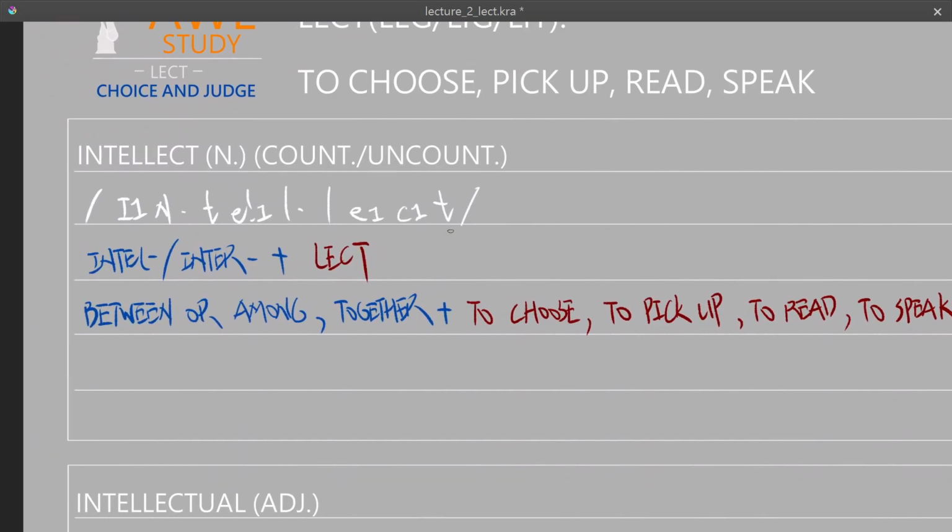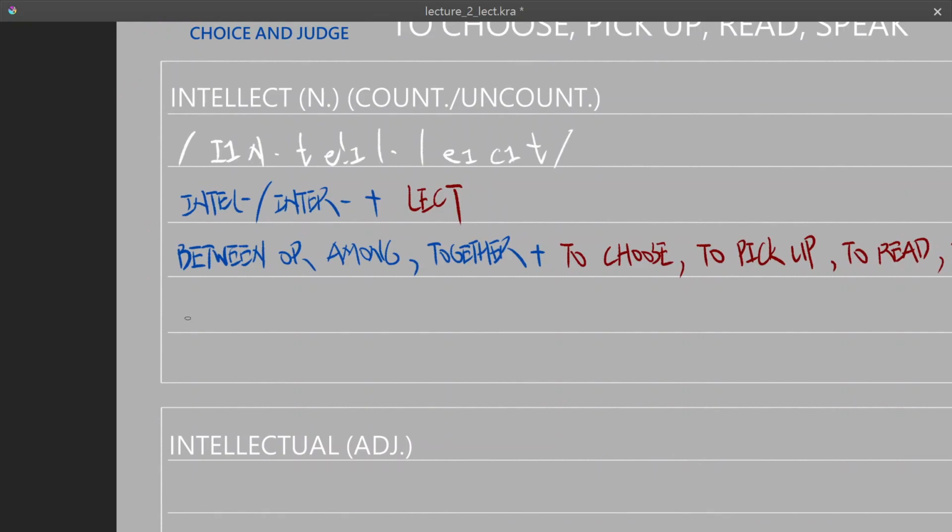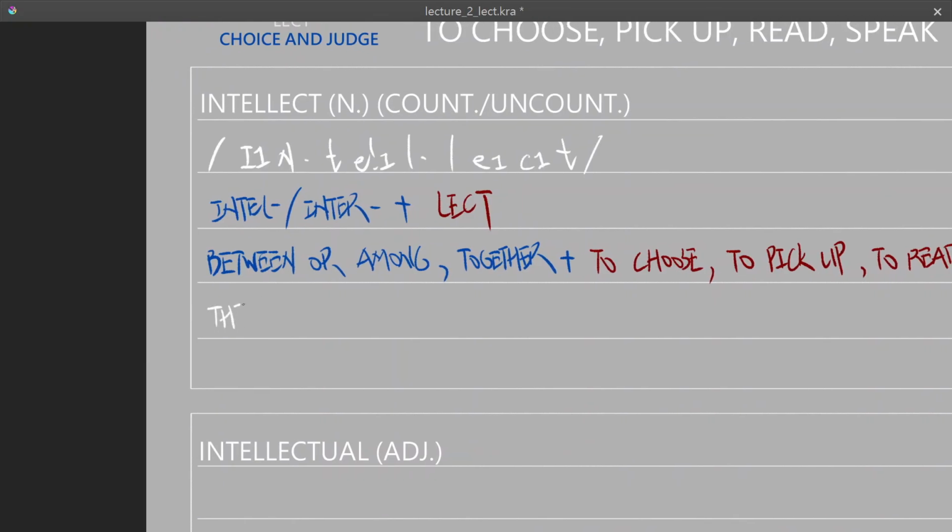Good. So intellect means the ability. What kind of ability?